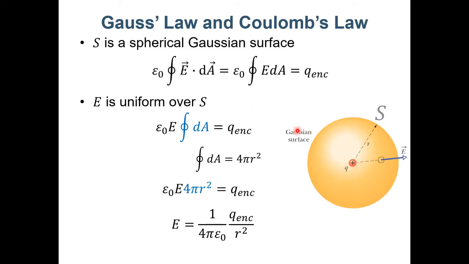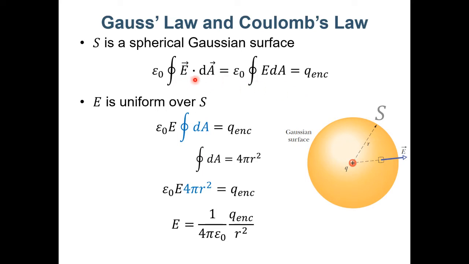Due to the symmetry, we know that the E field should be pointing outward, which will have the same direction as the area vector. So the inner product E dot dA will be nothing but E dA, or you can multiply by cosine 0 degrees, which is 1.